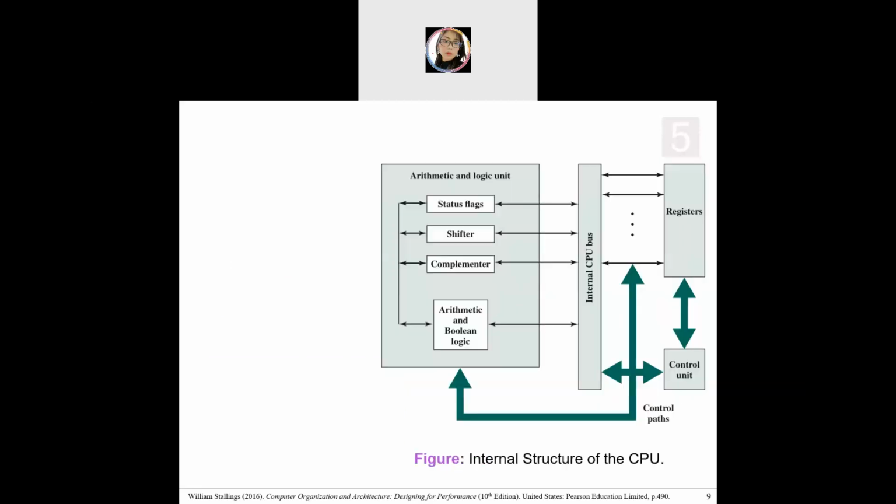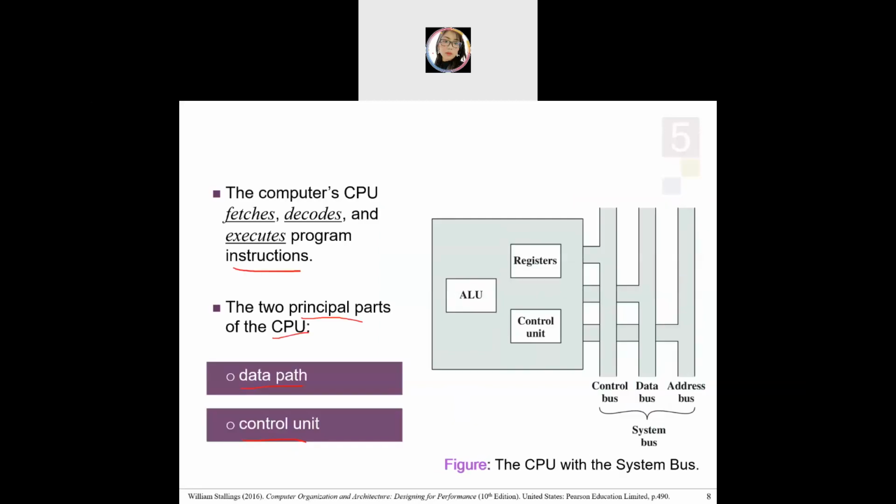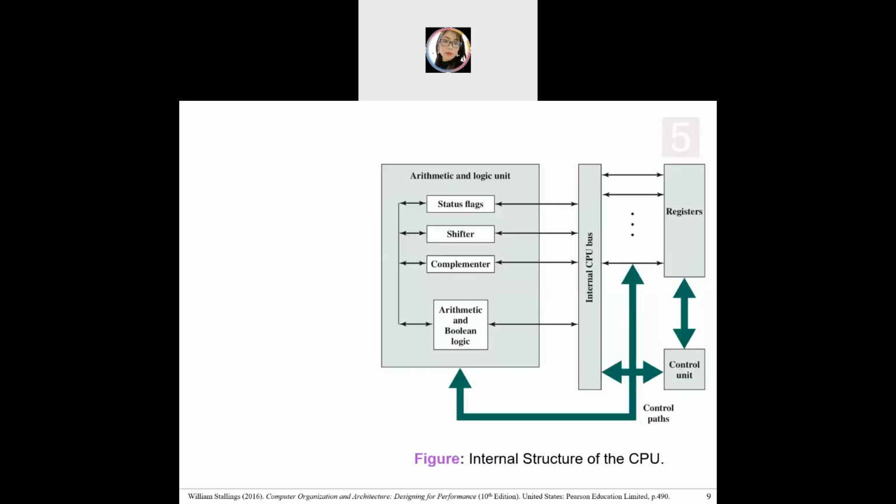So let's see the internal structure of your CPU. Although you can see this common view, you have the ALU, register and control unit, when you go deeper, you're going to see a lot of other things.